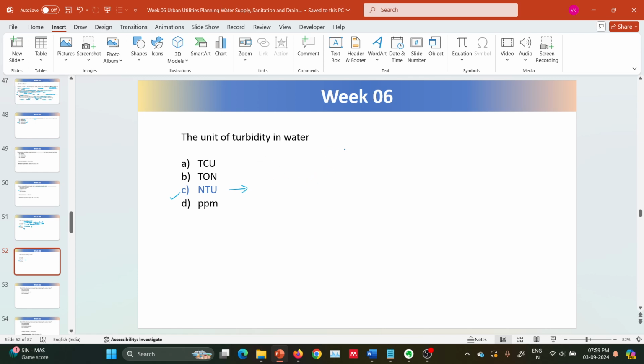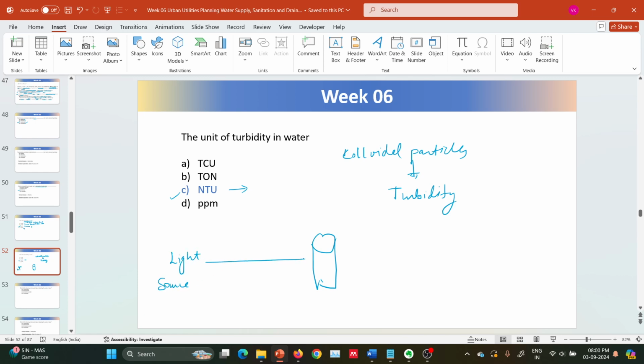So the turbidity is, as we discussed, about colloidal particles. Colloidal particles will cause turbidity. Suppose this is the sample, this is the light source, and at 90 degrees we have the receiver.